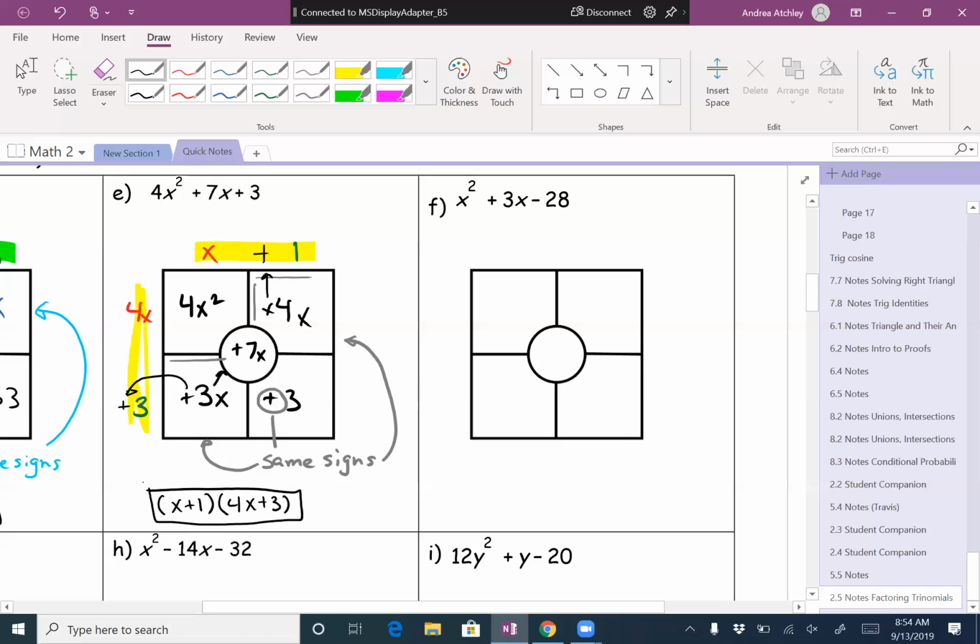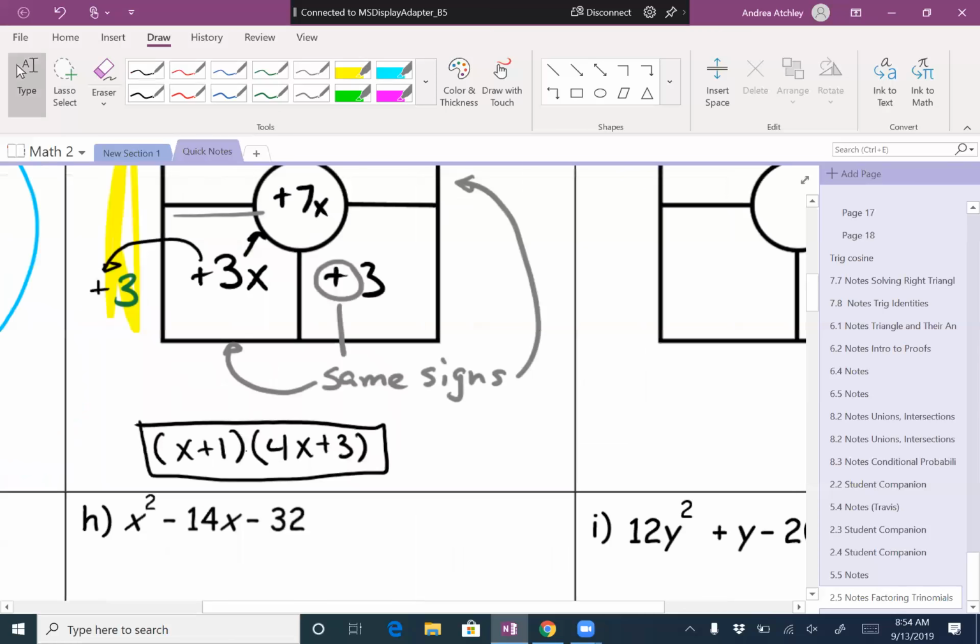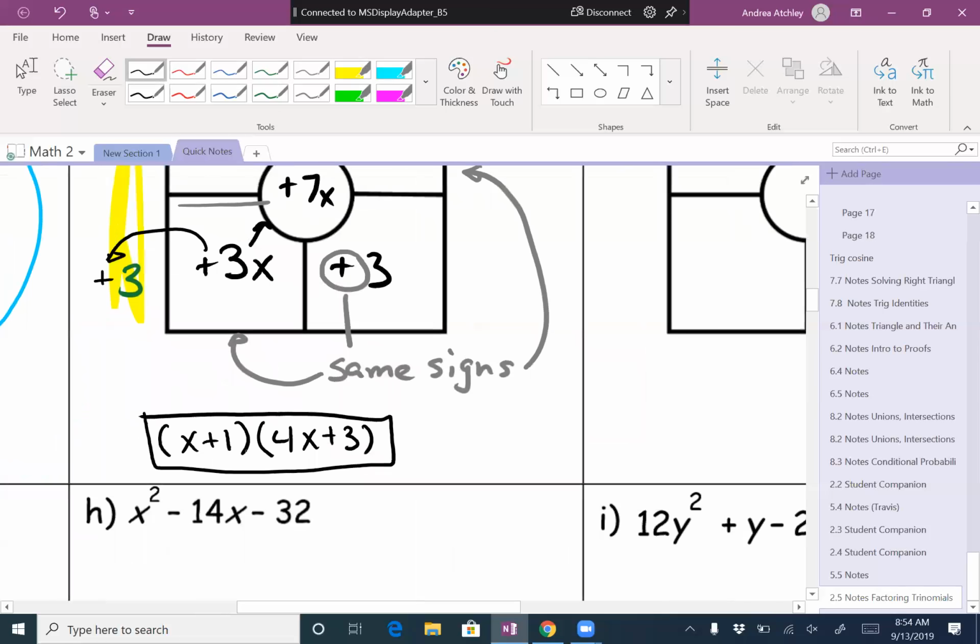Now in the answer, if I switch this order, it's the same thing. If I have 4x plus 3 first and then the x plus 1 second, it's the same thing. Any questions over that?